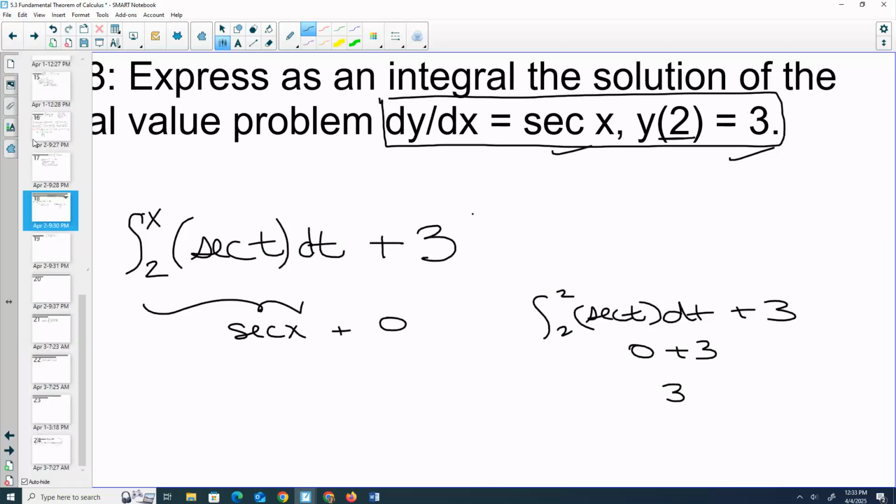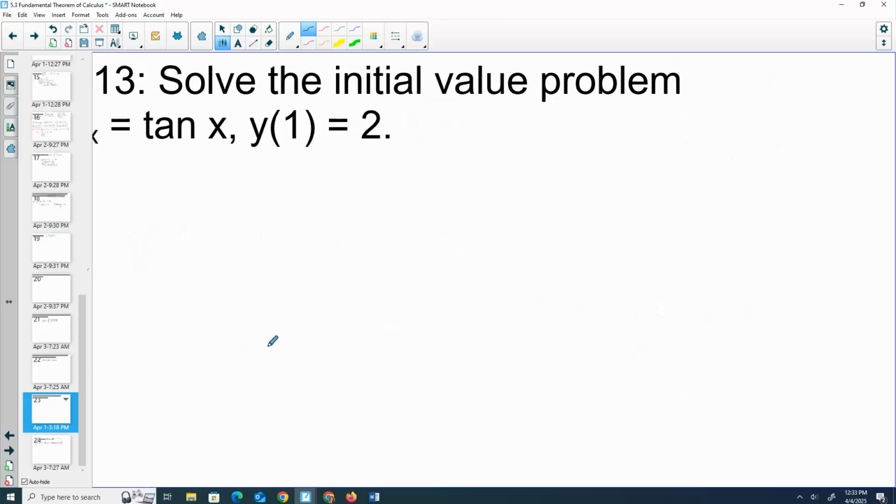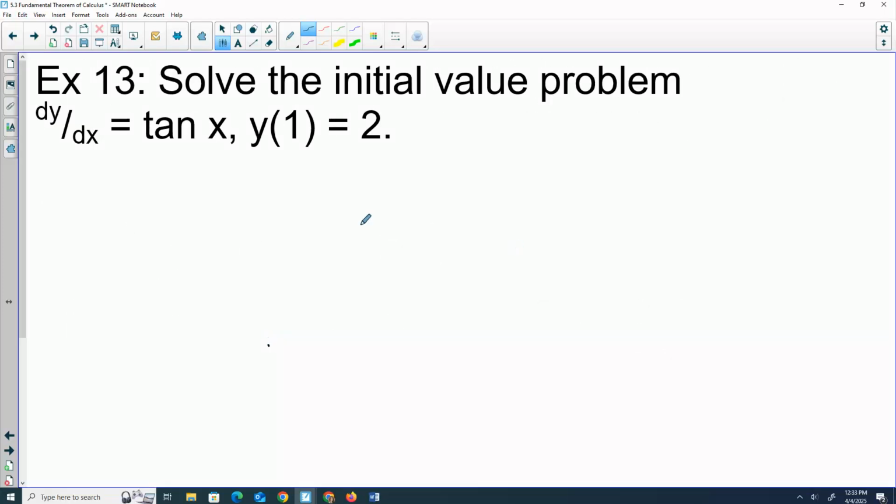I'm going to jump to a problem. Let's go to the very last example, 13. So if I wanted this one, my integral would be from where to where? From 1 to x, right? What are we going to integrate?